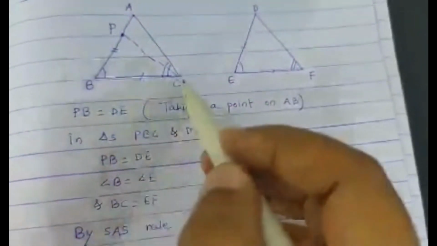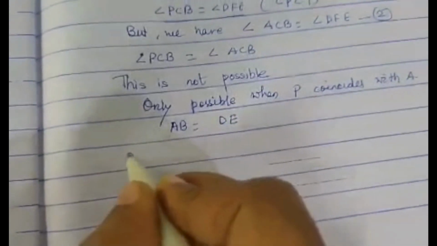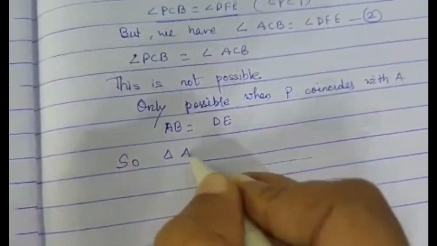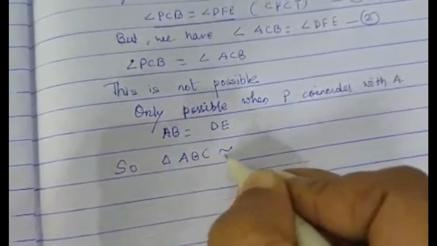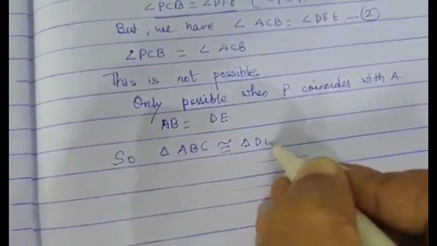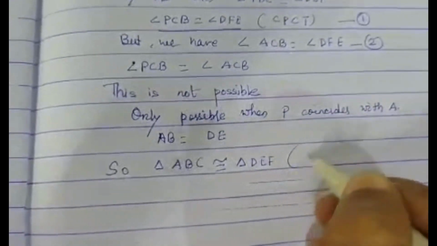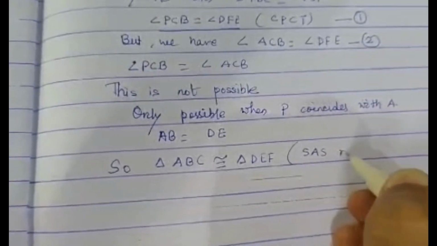By SAS, triangles ABC and DEF are congruent. So triangle ABC is congruent to triangle DEF by SAS rule.